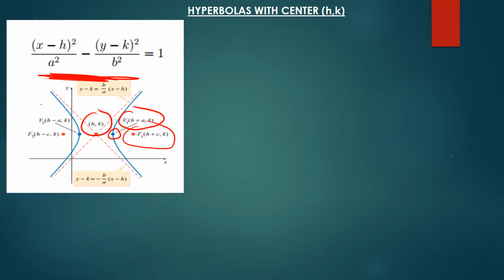Same applies to the other hyperbola on this side. Find the vertex, focus, and then you also find the equations. Remember what I told you about adding k and h in the equations. So this is what you do. It's very simple. Let's look at an example.